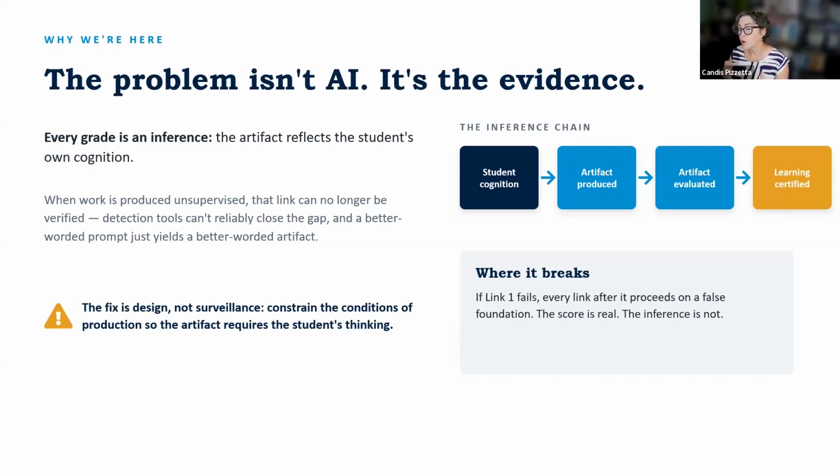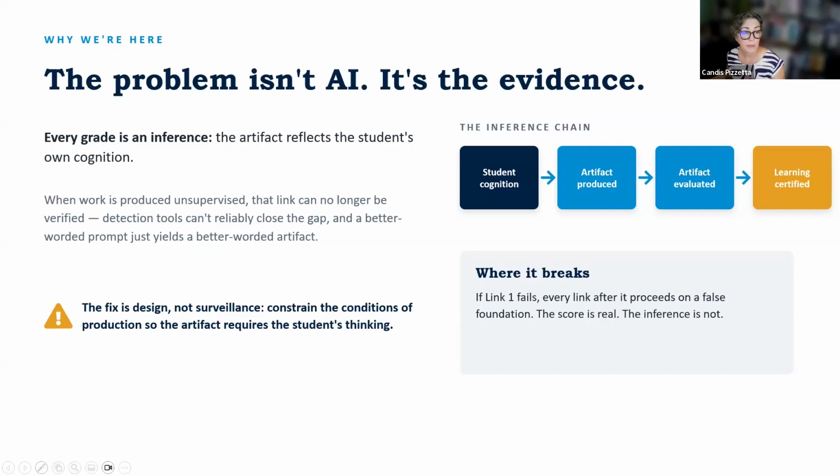What we have to do is figure out a way to verify that the artifact came from them. And we all know that those detection tools are just imperfect. So what we need to think about is how we can produce more supervised work for those assignments that are the most significant for your student proving that they have done the learning themselves.